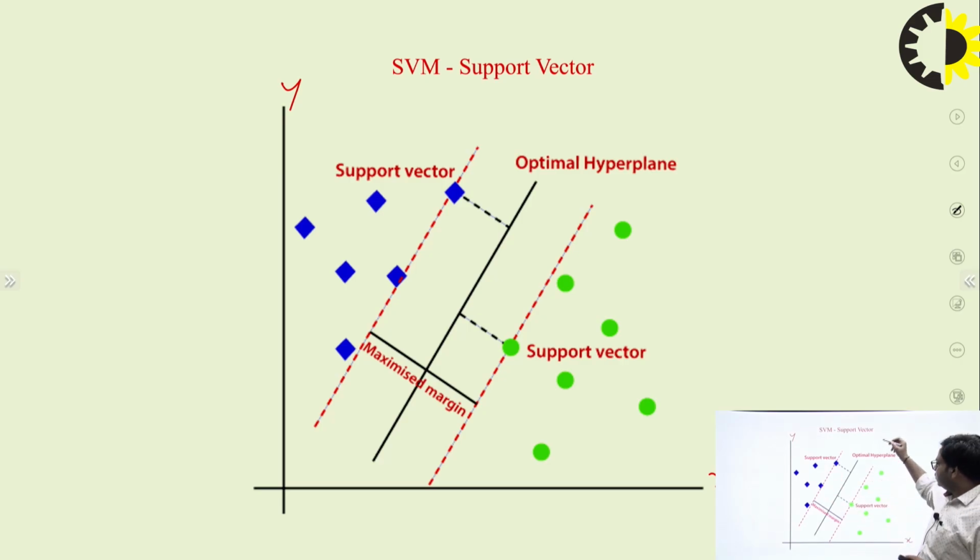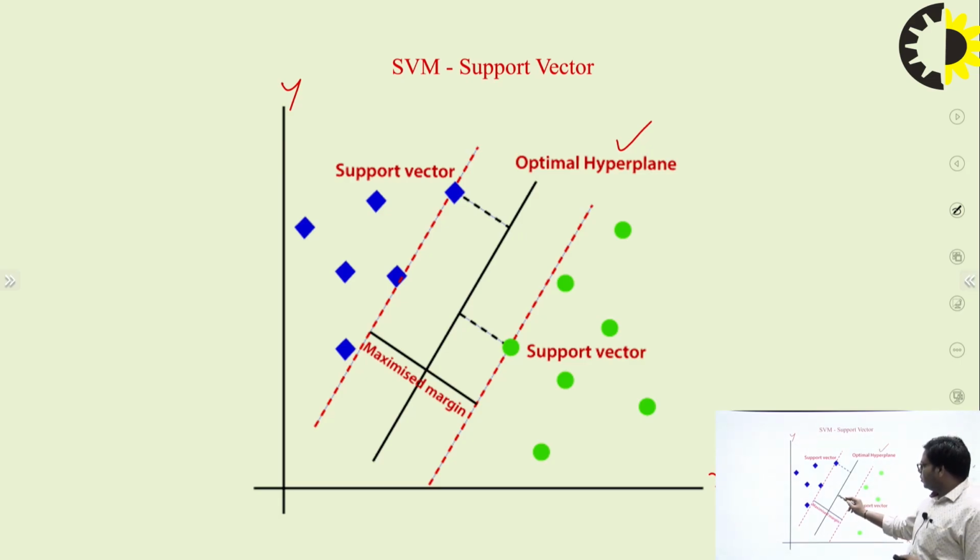Now, through some mathematical and geometrical calculations, we get the optimal hyperplane. The next point is to decide the support vectors.